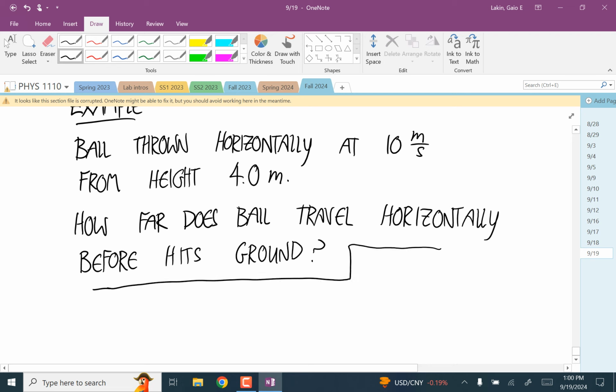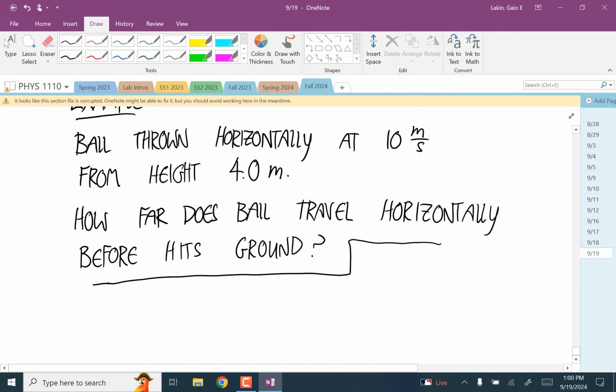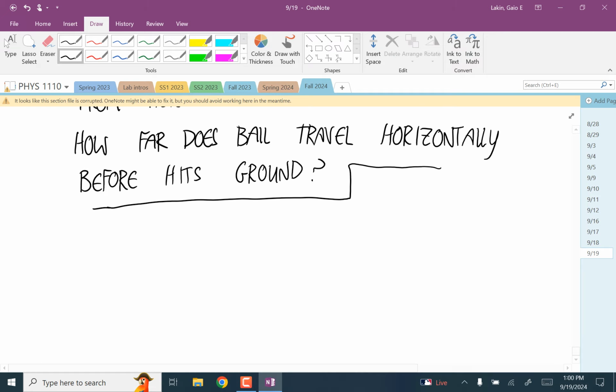Okay, so let me draw what's going on here. So here's the ground, and this is 4 meters. And the ball is launched or thrown horizontally at 10 meters per second.